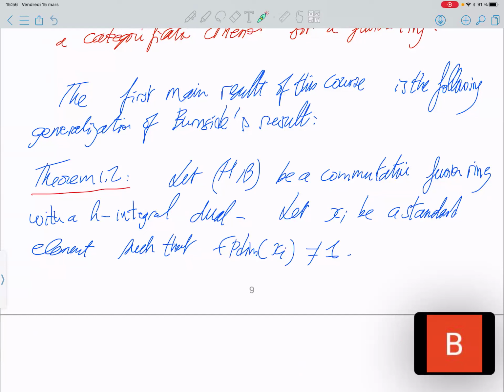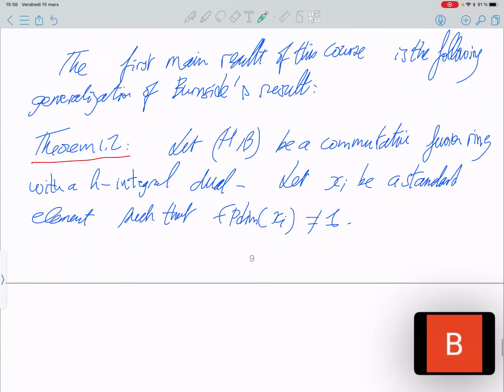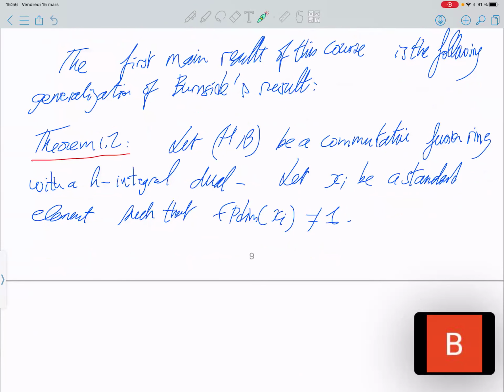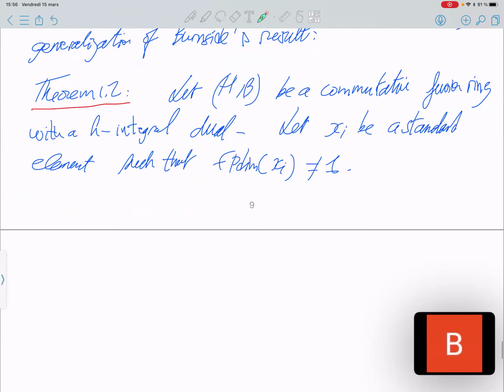Different from 1. So this is the analogue of what we said for the group character table. The degree is not 1. Then there is... I'm not very happy with this notation.